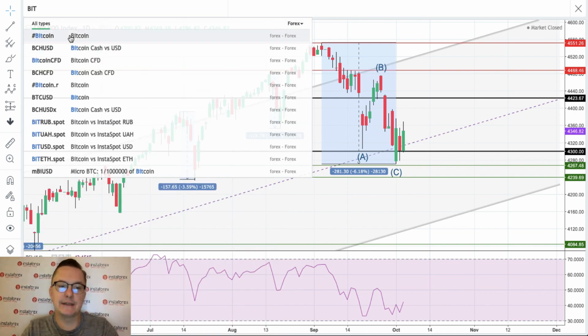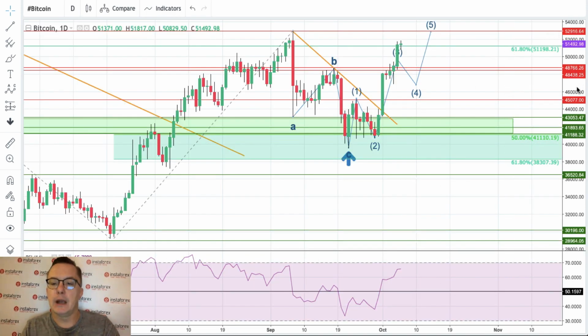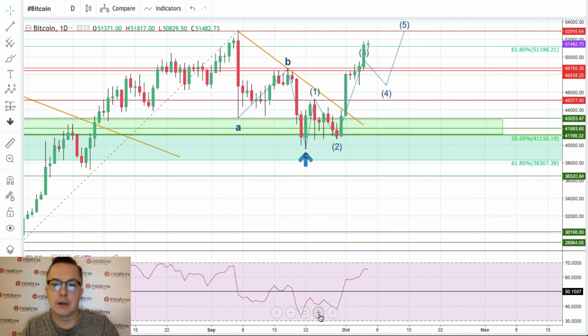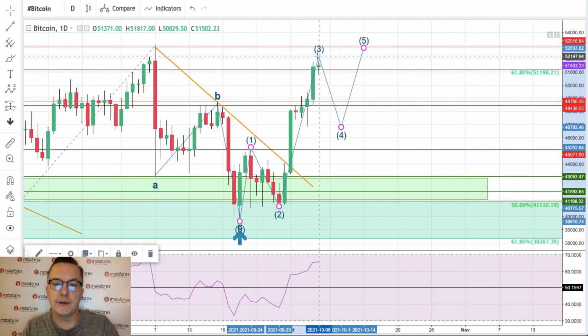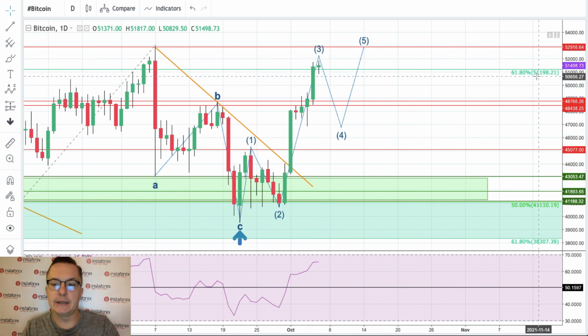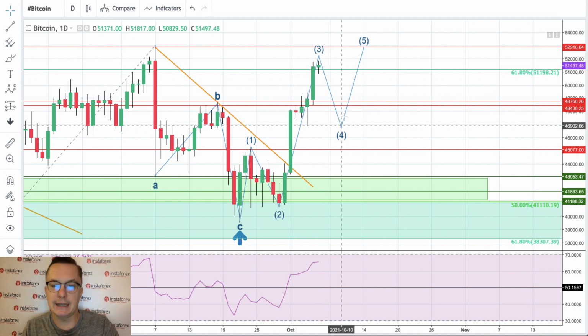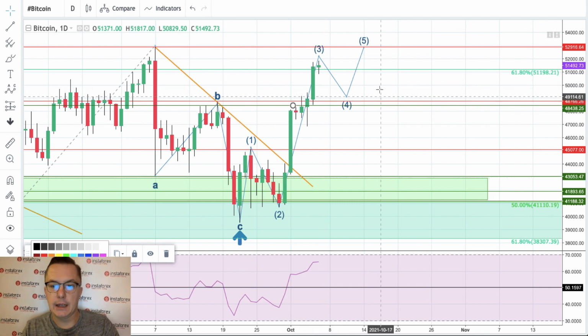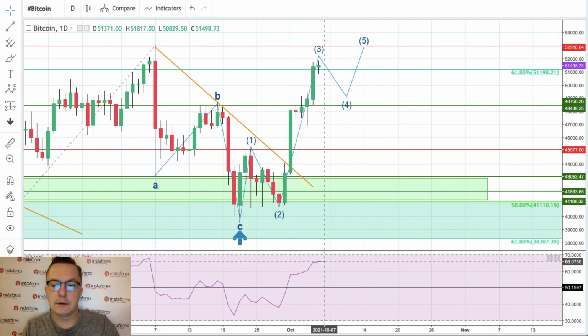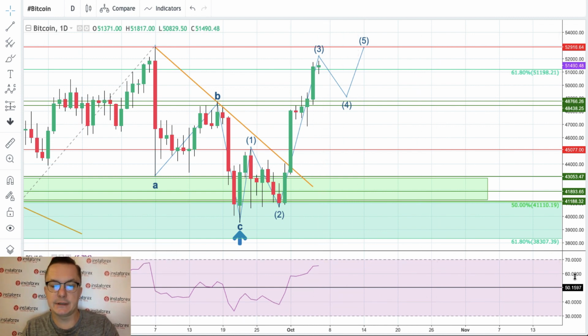And last but not least, what is going on with Bitcoin? Everything looks according to our scenario. As I said, we are now developing wave 3, nothing wrong here. Again, we hit the 61% of the Fibonacci retracement, 51,198. We are waiting for wave 4 to be done, and it should be done soon, because as you can see, markets are now kind of overbought. 67 points is an almost overbought market.